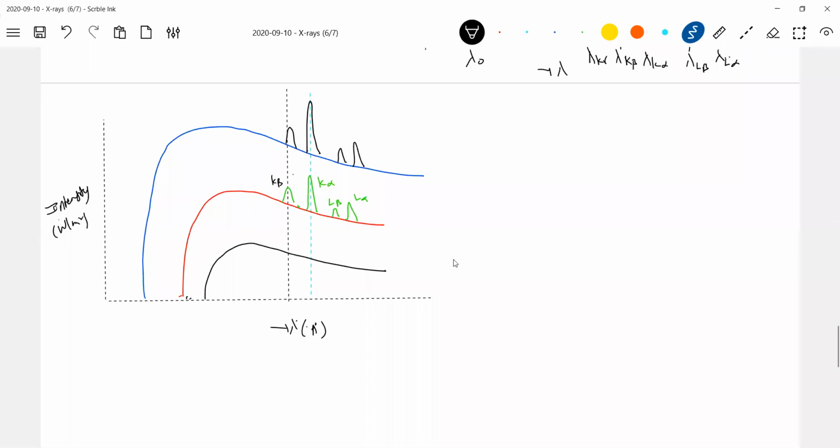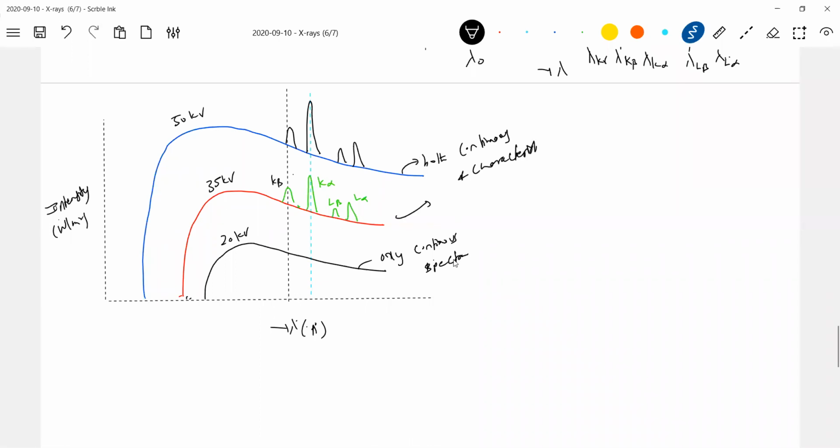Getting the picture? This is very important. At low voltage I don't see the characteristic spectrum, only the continuous spectrum. At higher voltage, both continuous and characteristic.